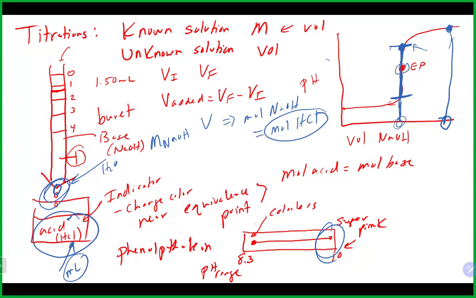I would then have the moles and the volume of the HCl, and that would allow me to use the molarity equation to figure out the actual molarity of the HCl if I didn't know it. And that's what you're going to be doing today in lab: titrations and stoichiometry to figure out the molarity, for example, of the HCl. Any questions on that there?